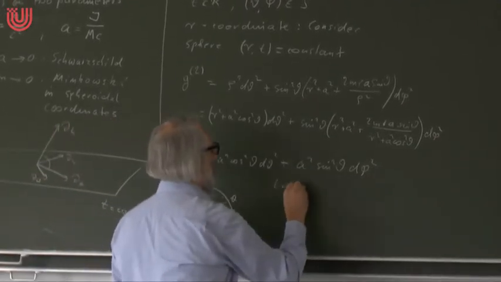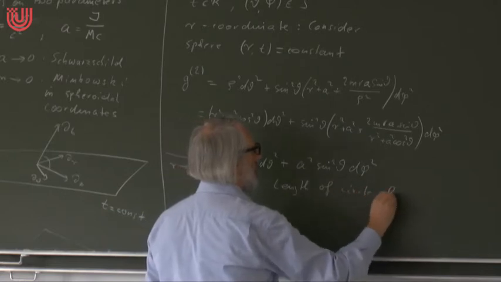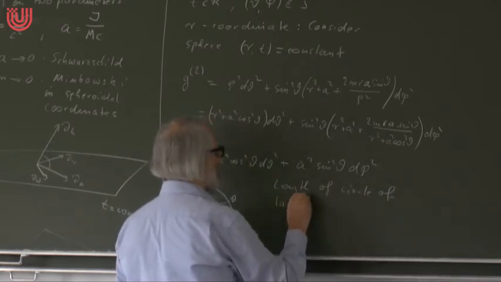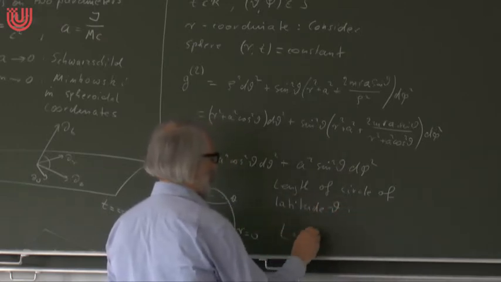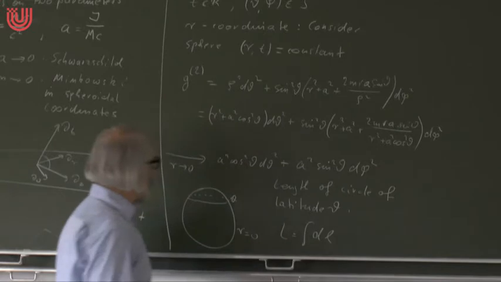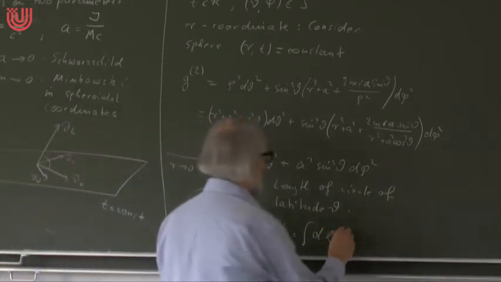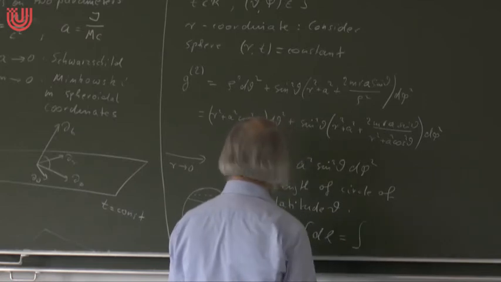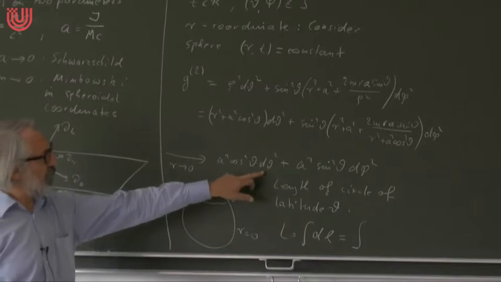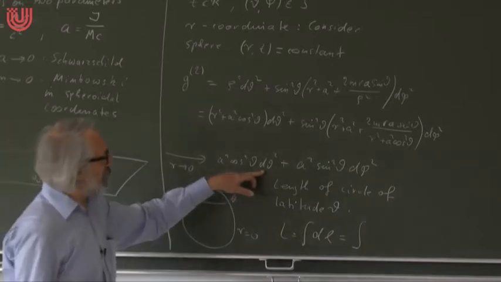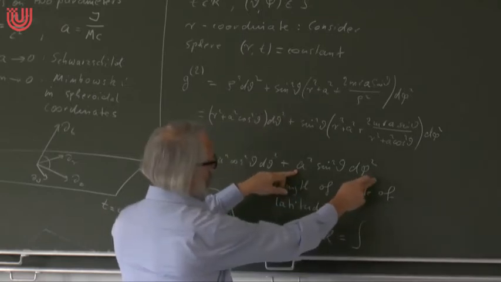So length of circle of latitude theta, you will see that it is not 0. Let's call it L. It's an integral over dl, and l is a coordinate which runs over this circle. So if I am on the circle, theta equal constant, then this term is not there. I only have this term here. So this gives me the length squared, right?